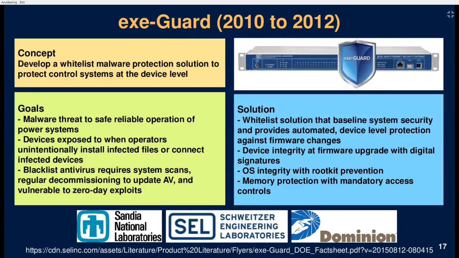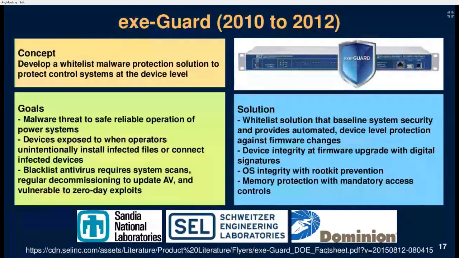Getting even signatures onto that relay is something they would be very cautious of. So the goal of this product was to make malware a non-threat to the safe, reliable operations of a power system.